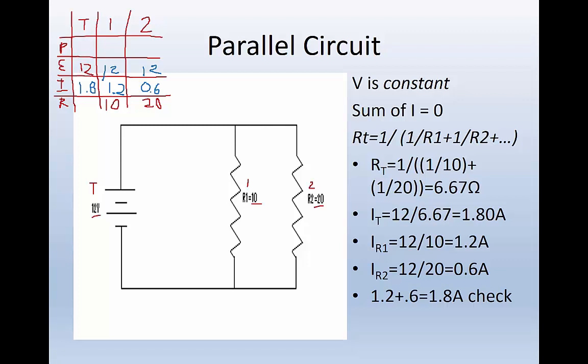And if I take 12 divided by 1.8, that is going to give me 6.67. Now if I go back and do all that nasty math right here, you can see that that actually gives me that 6.67. Okay.